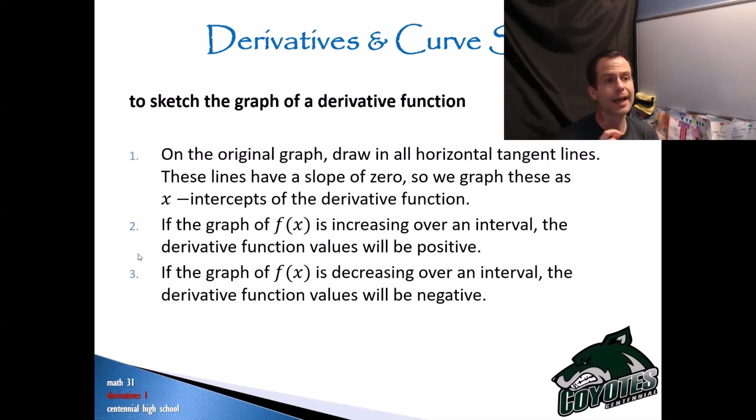Everywhere you see a horizontal tangent line, you can put an x-intercept for your derivative function, okay? If the graph of f of x is increasing over an interval, the derivative will be positive. If the graph is decreasing over an interval, the derivative will be negative.